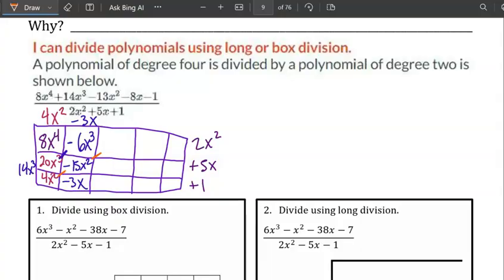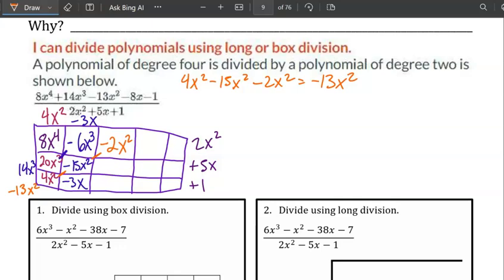So the sum of these 3 boxes, this diagonal, needs to give you negative 13x squared. We have negative 11 so far, so we want to take 2 more away. So we'll put a minus 2x squared here, because 4x squared minus 15x squared minus 2x squared would give you negative 13x squared.